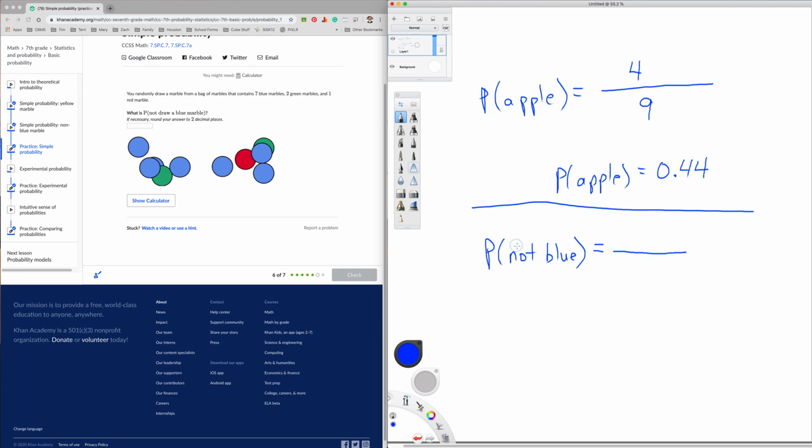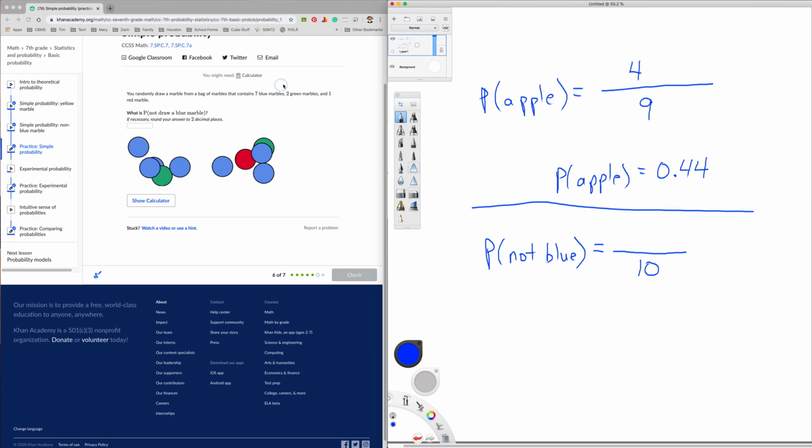So we're randomly drawing a marble out of there, and the probability that it's not blue. But it doesn't really matter about the not blue for this denominator. How many marbles are in the bag? Well, there's 7 blue, 2 green, 1 red. There's 1, 2, 3, 4, 5, 6, 7, 8, 9, 10 marbles. So my denominator is going to be 10. And then I need to put my numerator as how many ways could I get something that's not blue?